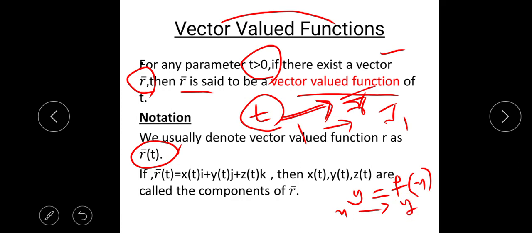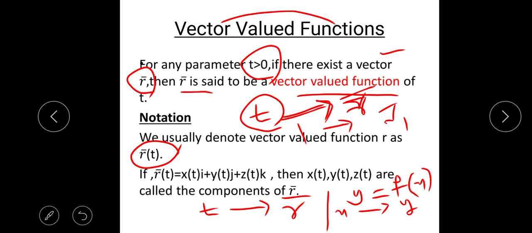So x is the input, the corresponding y is the output. In vector calculus, we input a scalar t and we get the corresponding output as a vector r.